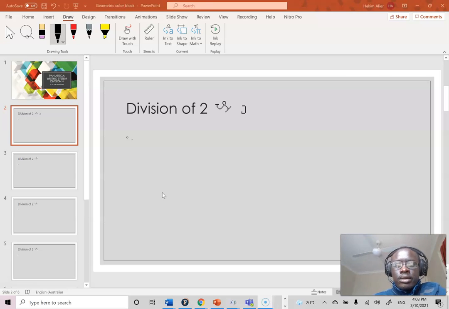So now we're going to start with the division, and the division symbol for Pan-Africa is up there. If you don't know the division symbol for the Pan-African writing system, that's it. And you can see this little thing here, that's number 2 actually.